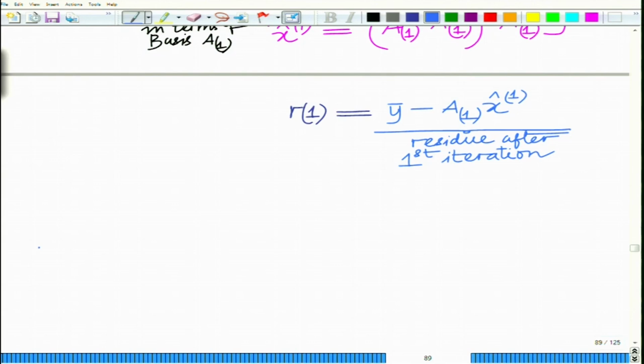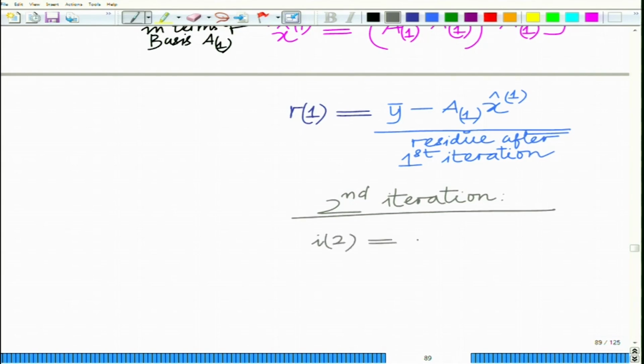What do we do in the second iteration? Now this completes the first iteration. Now let us do the second iteration. Okay, I hope this is clear. In the second iteration, we do something very simple. We take the projection of this on the residue.